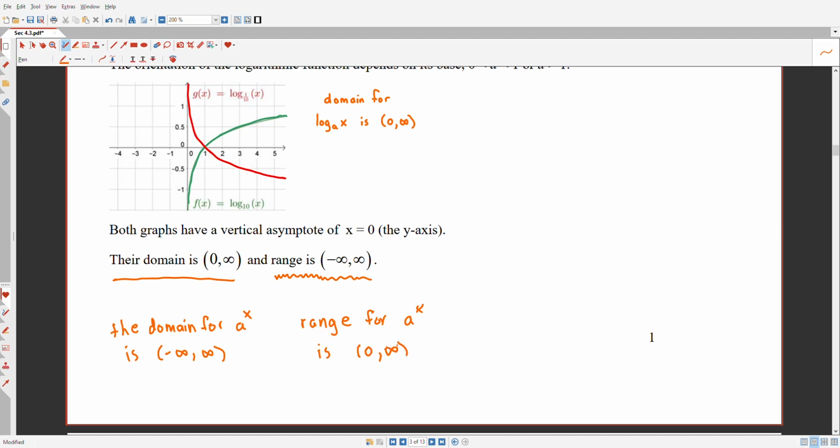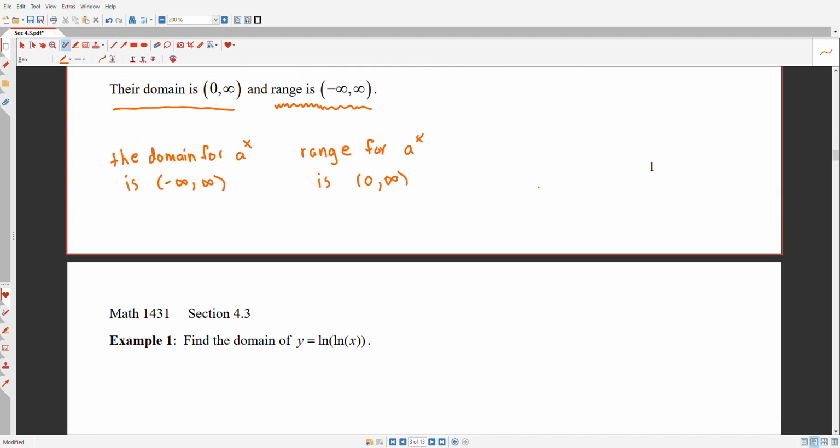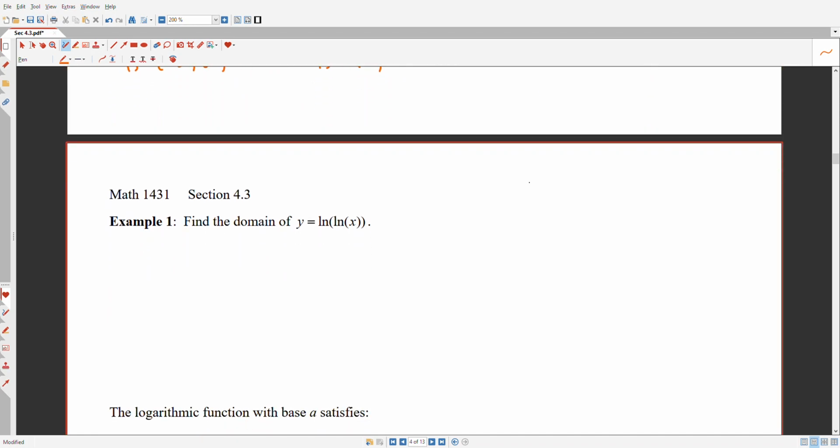You always get a positive number. All right, and it's not an accident that the domain and range for one function get flipped when you compare it to its inverse. Okay, so that's sort of a quick crash course in reviewing logarithms. There's a few other properties we'll get to that make logarithms really, really useful.